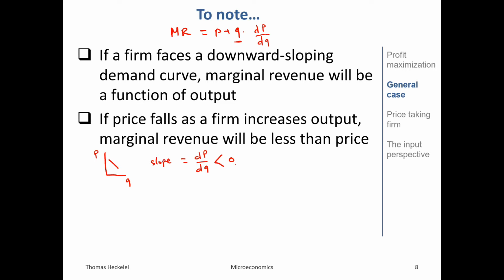It's negative, right? Consequently, P plus Q times dP over dQ will be smaller than P itself, because this part is now negative, right? So in that case, the more you increase your selling quantity, the less extra revenue you will get compared to price.